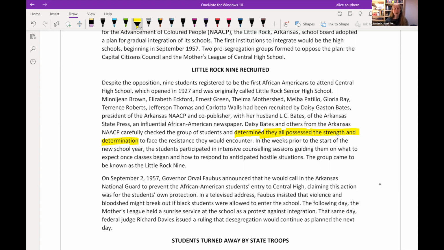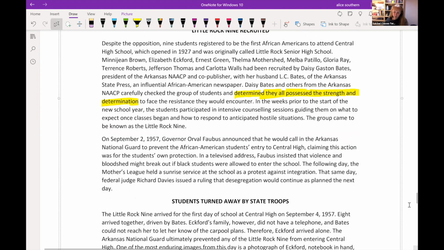So there was no, again, like, we're making this free for black people to join now, everyone's going to be fine with it. They knew that there would be some resistance, so they had to be prepared for it. So they had intensive counselling sessions, guiding them on what to expect once classes began and how to respond to anticipated hostile situations. The group came to be known as the Little Rock Nine.